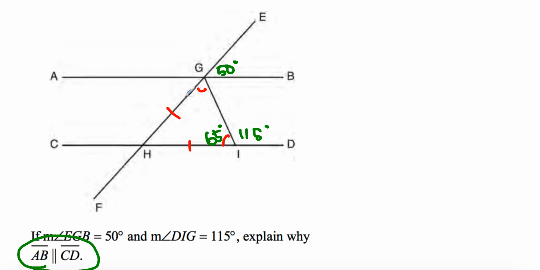But since this is 65, this one must be 65 as well. Then you can figure out this angle to be 180 out of the triangle, subtract 130, which is the combination of these two, then it gets us 50. Then notice that these are corresponding angles. When corresponding angles are congruent, then we realize that those two lines being cut by the transversal must be parallel. So that's basically what we can write.